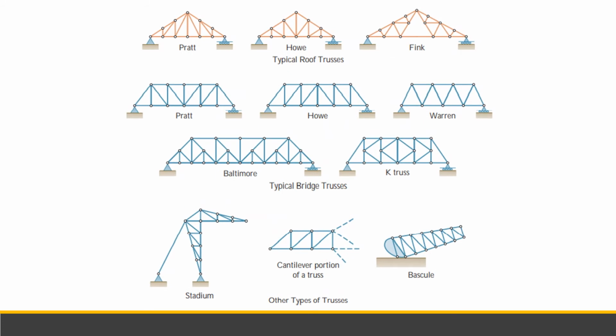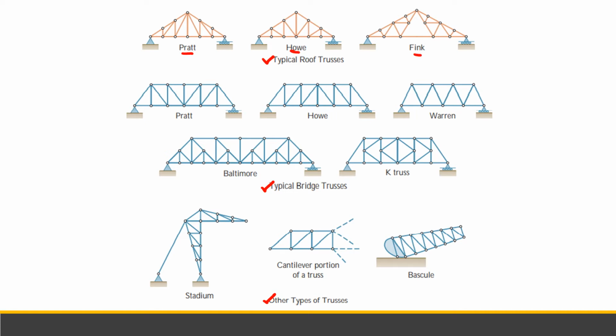Okay, so there are different types of trusses. So, meron tayong typical roof trusses, meron tayong bridge trusses, and other types of trusses. So, roof trusses are Pratt, Howe, and Fink.